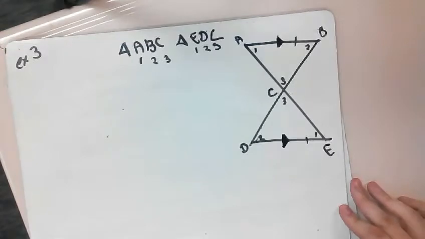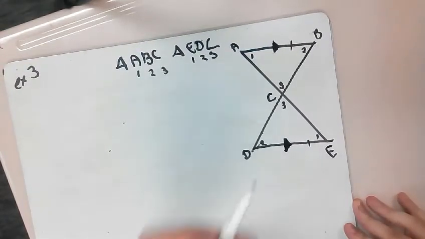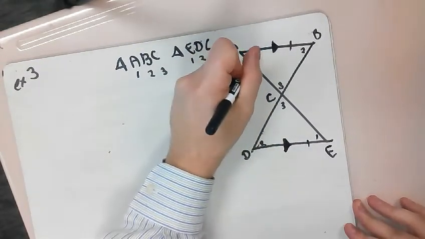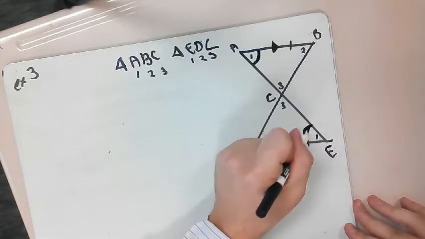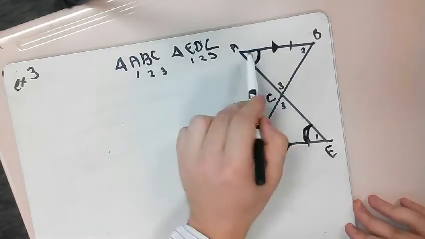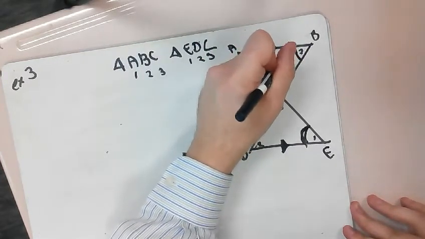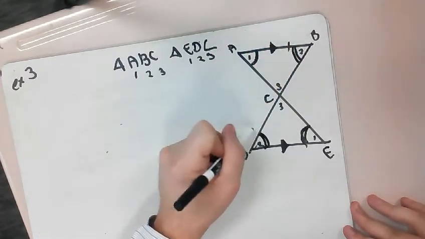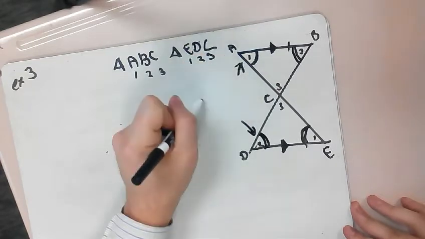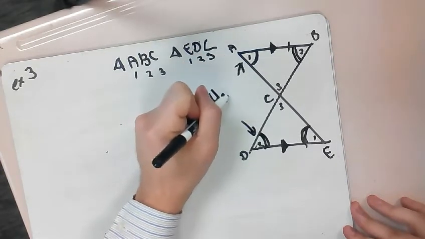What that means is we're going to have alternate interior angles inside. Here is this one and this one. Coincidentally, look at the way they're numbered the same. Then this one and this one. These are both alternate interior angles.